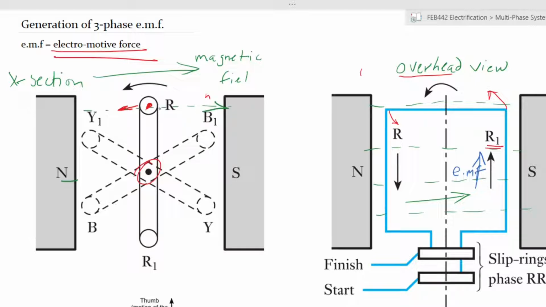If you try to look at, even with your fingers with the right hand rule, you will notice that the motion and the field are directly opposing each other. Therefore, at this particular point, when it is oriented here, your EMF is 0.